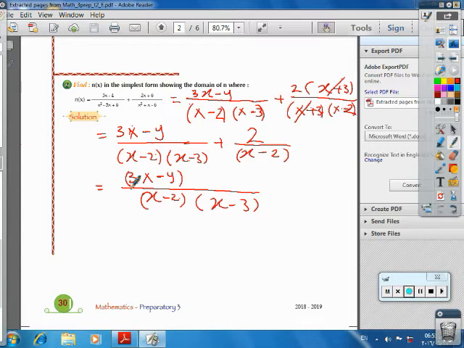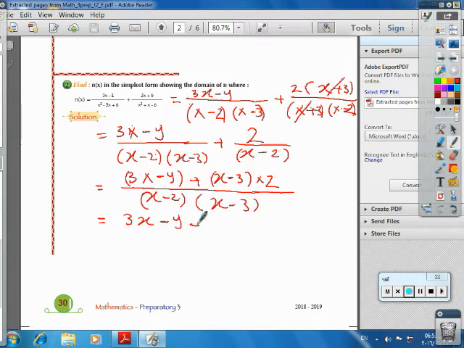(3x − 4) plus (x − 3) times 2 over (x − 2) times (x − 3). Now we can solve: 2 times x equals 2x and 2 times negative 3 equals negative 6.